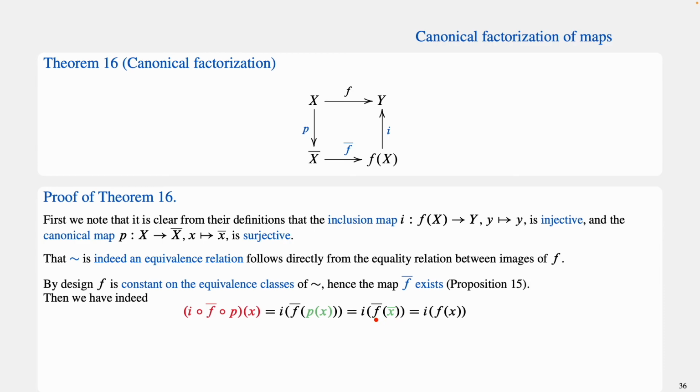Then this is just f of x because f bar is the induced map. And the inclusion map applied to some element is just that element itself, f of x. So we have shown that this composition equals f, because we can plug in any element x here, so they are identical on all the input values x. And this shows that truly the map f is the composition of these three maps.